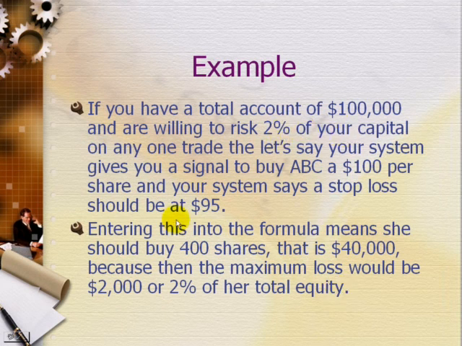You've got 100,000, the most you're willing to lose is 2%, i.e. 2,000. That means if it does drop $5, the difference between the entry and the stop loss, then those $5 should represent total $2,000 of losses. So how many shares at $5 loss per share would equal 2,000? Well, 400 shares would. That's why you buy 400 shares.